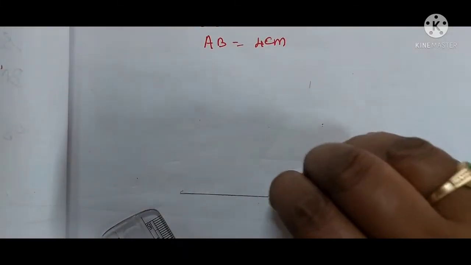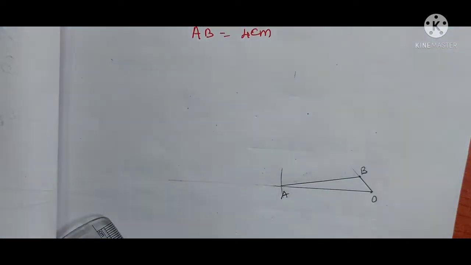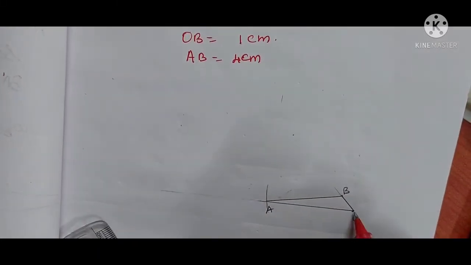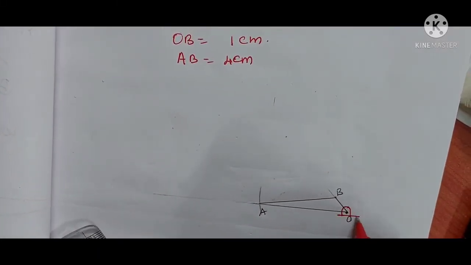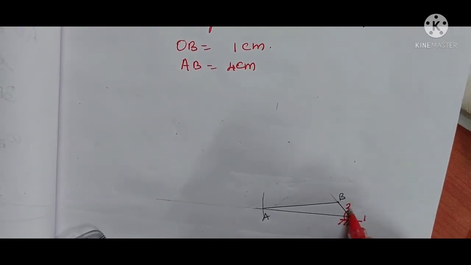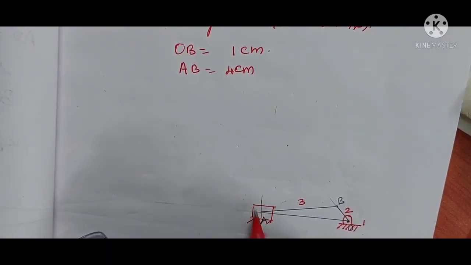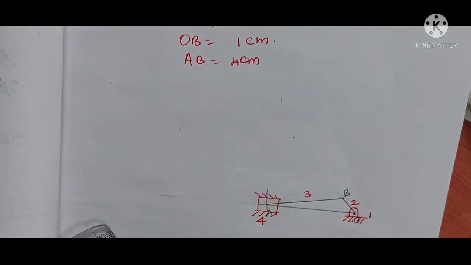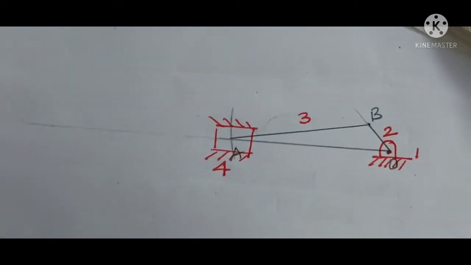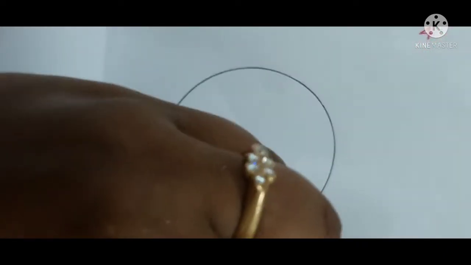Now erase the excess lines. Now we need to construct and find the instantaneous centers. From this, you see this is the origin and this is the fixed point. This link is taken as 1, this is 2, this is 3, and here you have one more, the slider, which becomes 4. By using the formula we can find the number of instantaneous centers.